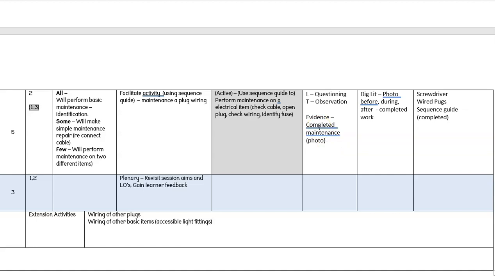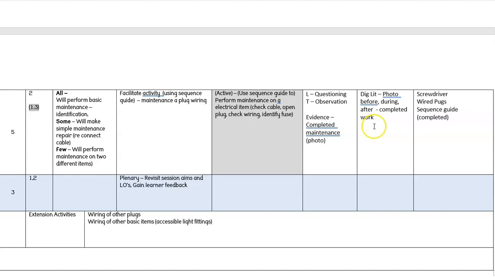Well, I can take photos, or I could do a written form, a tutor reflection or a tutor observation of an activity, where I would write down what all the learners did. But I would still suggest that even if you did that, taking photos of the learners' work to show what they're doing as they're doing it, and at the end, is good summative evidence material.